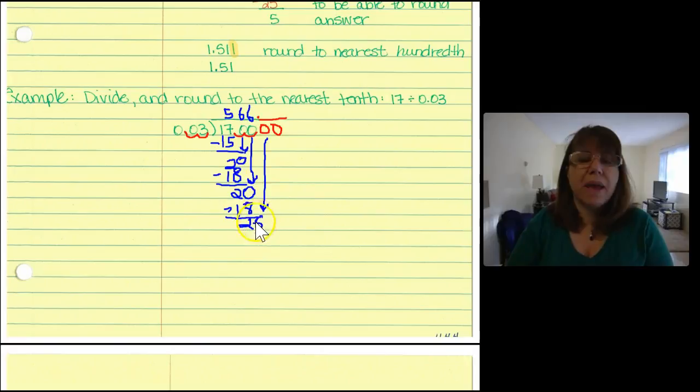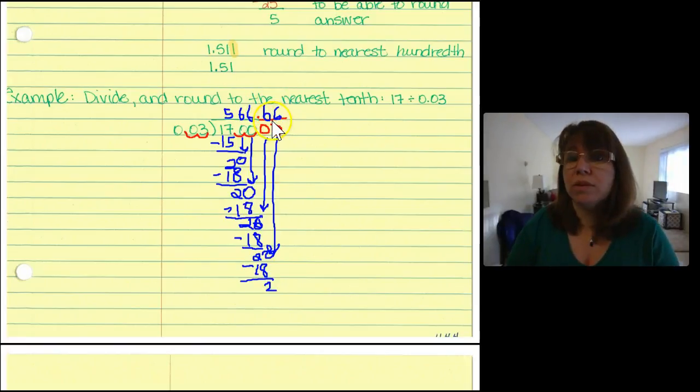You can see there is a pattern going on here, but I'm just going to continue with the math. 3 goes into 20 6 times, 18, subtract, 2, bring down the 0. 3 goes into 20 6 times, subtract 18, 2, and I'm done because I have enough placeholders to be able to round.